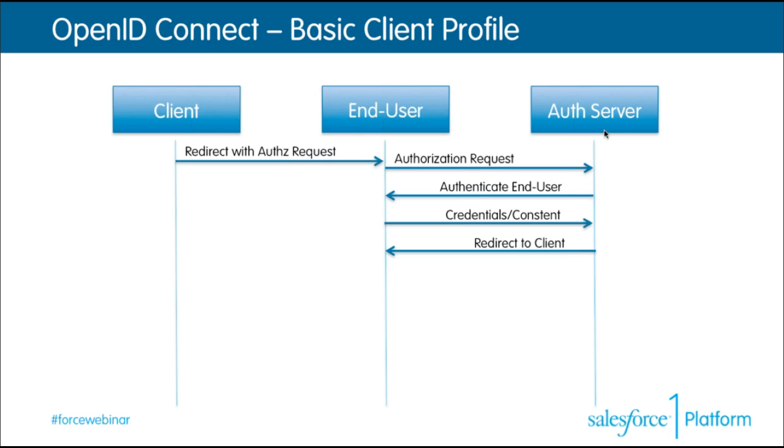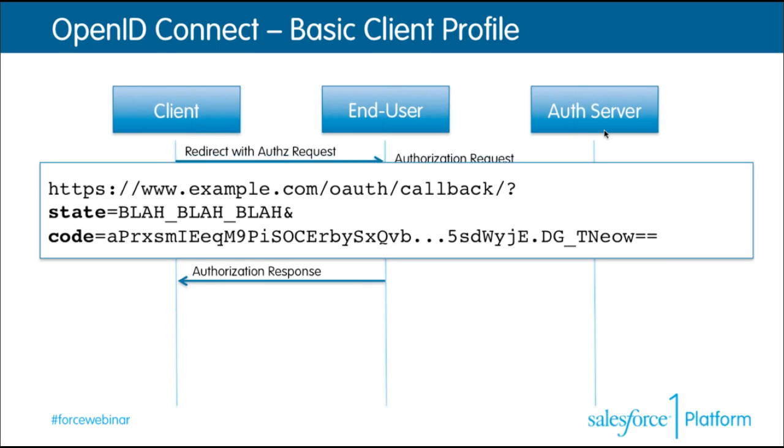We don't specify how the authorization server authenticates that end user. If you've already got a login established, we can just use that. If you are using username and password, that's the most common case, or a stronger credential, this can all take place. But as long as that authorization server has a good idea of who the end user is, it's good, and it can redirect to the client with the authorization response.